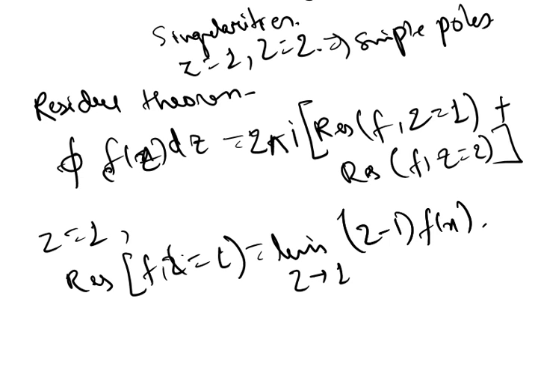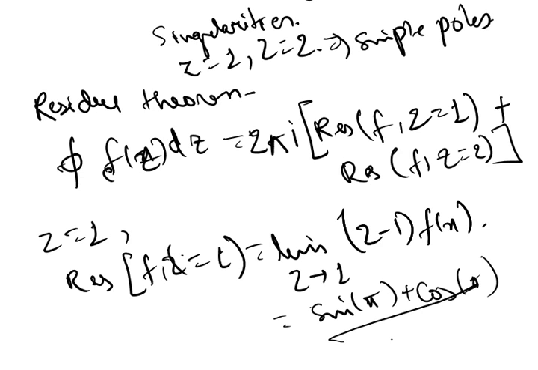So it will be (sin π + cos π) divided by −1, so the answer will be 1, right?